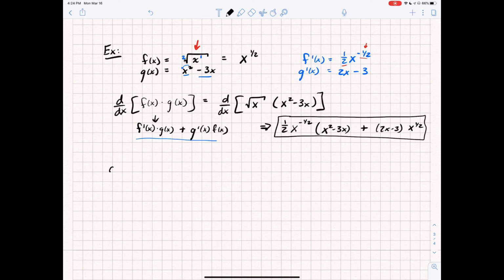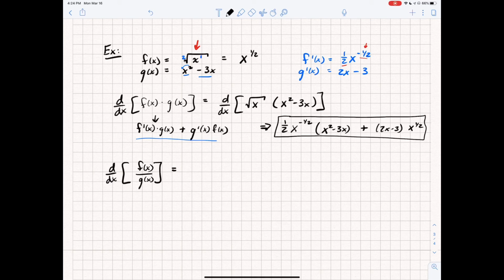If I am doing the derivative of a quotient, let's say f of x over g of x, I won't write the rule out this time. You can look back in the notes, skip back a little bit in the video.